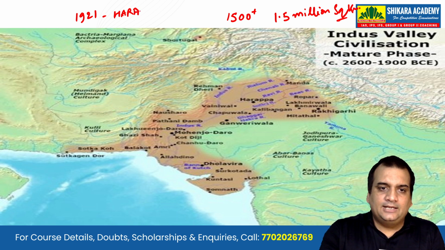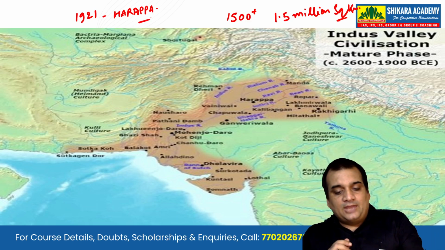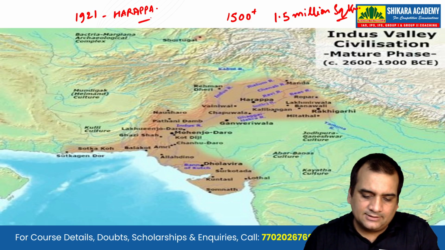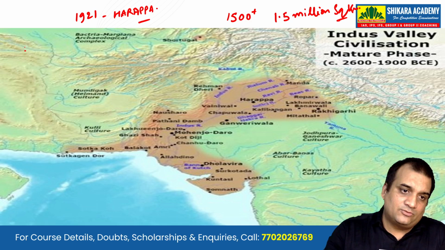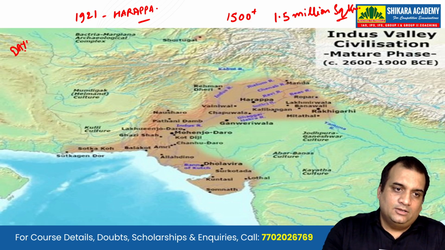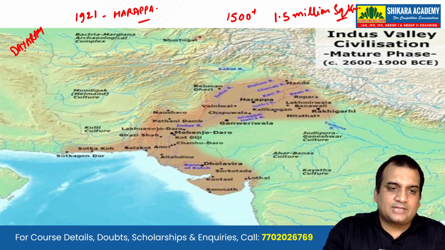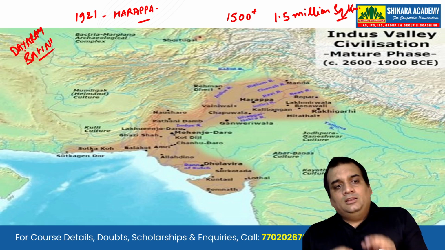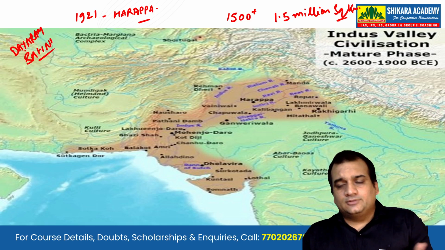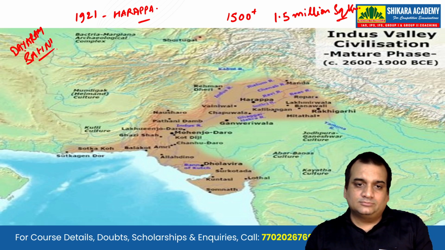The first site that was excavated, in 1921, was Harappa. There is a reason why it was called Harappa. It was excavated by Dayaram Sahni; please note down the name. He did not want to name the site after himself.